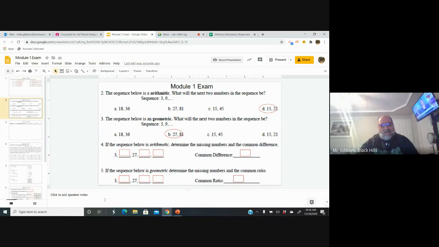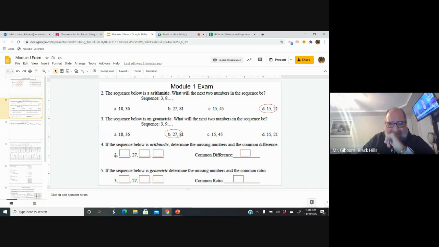So what you think is, I have to add a number to 3 to get a number right here, and then add the same number to this number and end up with 27. The easiest way to think about that is, what could my common difference be? It took me 2 steps to get to 27, right?